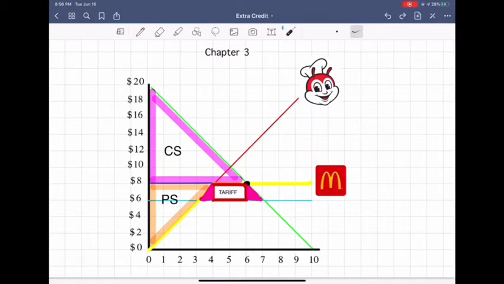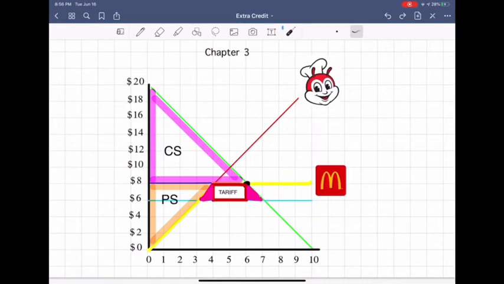Now, since the supply curve went up, the equilibrium will be at $8 with a quantity of 6 fried chicken. So Jollibee will be able to sell more. A while ago they were just selling three fried chicken, but because of the tariff, the supply curve increases.